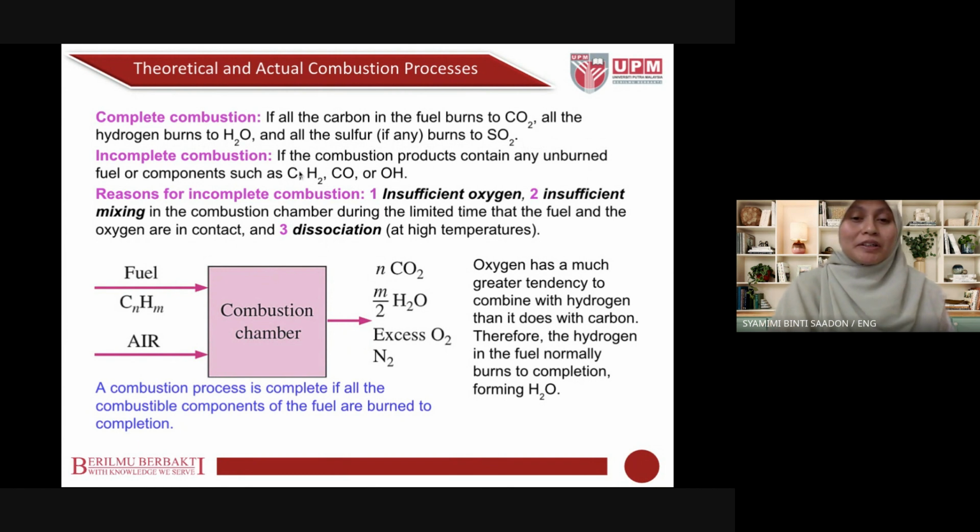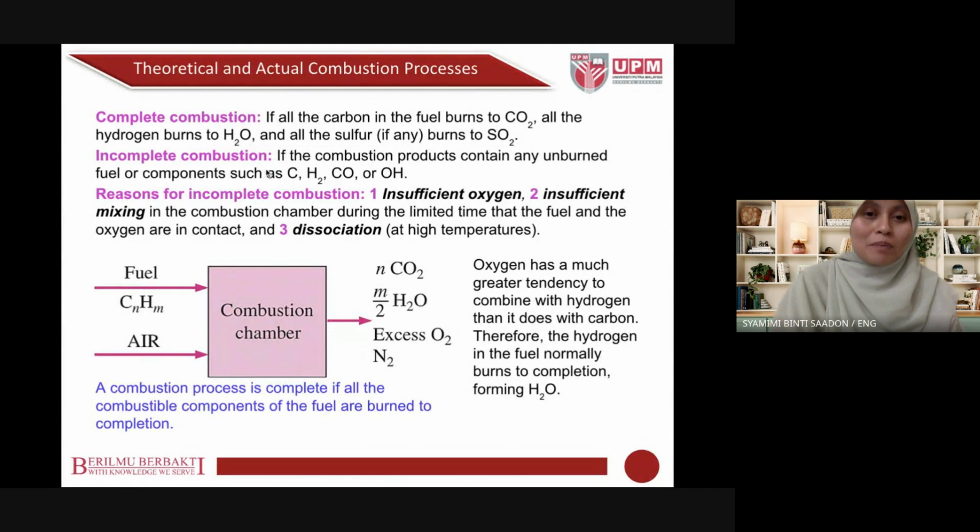It means that not all the reactants that we put in before the combustion process are burned. There is still unburned chemical compound at the end of the reaction, so it is incomplete combustion, which is the actual case that normally will occur. Complete combustion is like ideal.